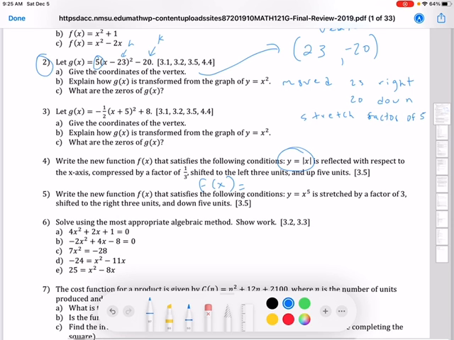So it says here it is reflected with respect to the x-axis, so it gets flipped, so that means it's a minus. Compressed by a factor of 1/3, so it's not stretched, it's compressed, and it's shifted left 3 units, left and right is on the x, and then up 5 units, that's the number outside.